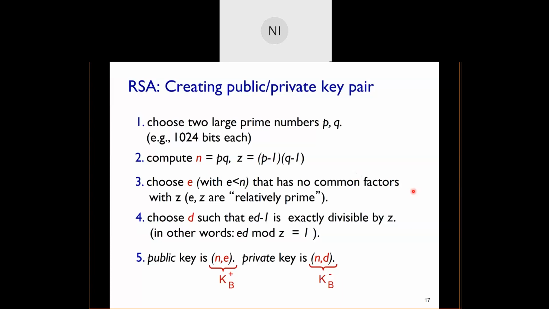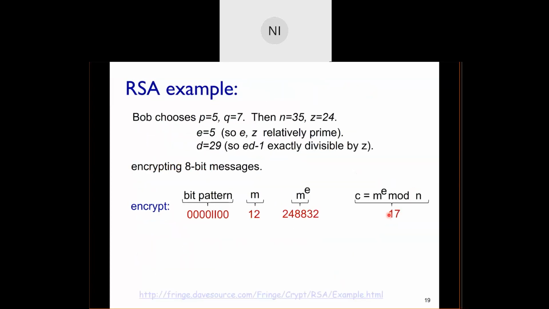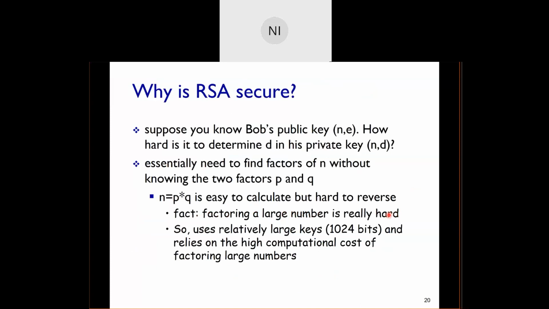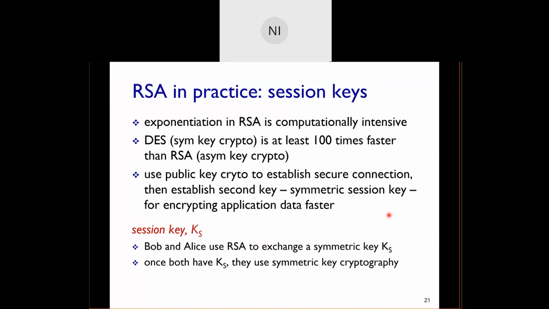Let me go back. I was just mentioning that in modern communication systems, the way you do it is first you use RSA to secretly share the session key between Alice and Bob, so that the rest of the communication can happen using the symmetric key, whereas RSA is only used to share the secret key.